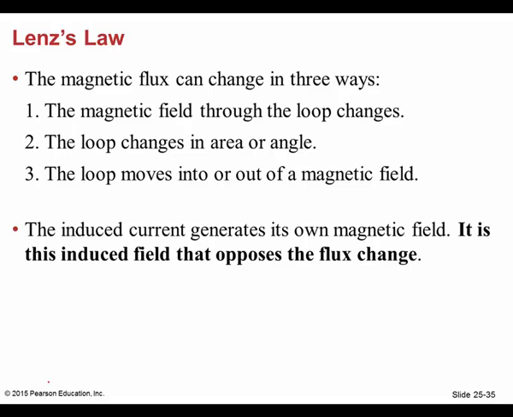Basically, three things it says: that the magnetic field through the loop changes, the loop changes in area, I said it didn't have to, but it could, and then the loop moves into or out of a magnetic field. So you've got three ways here in which we can create flux: we can change the size of the loop, we can change the angle, or we can move it in and out, okay?